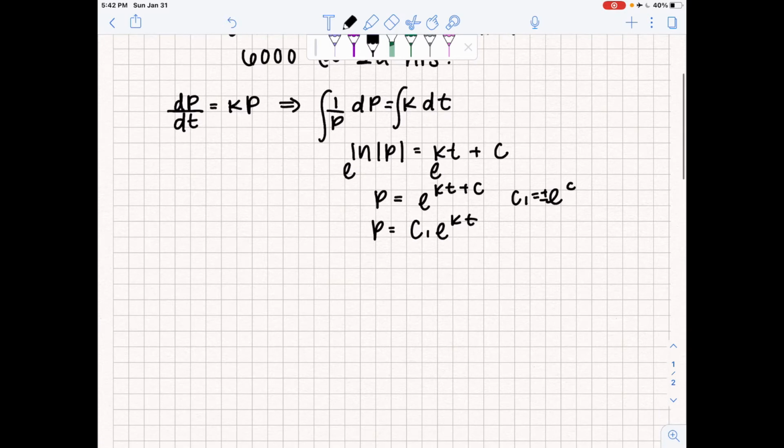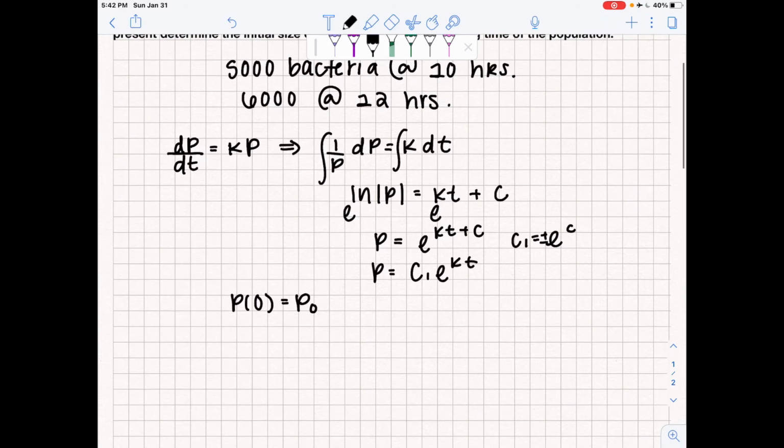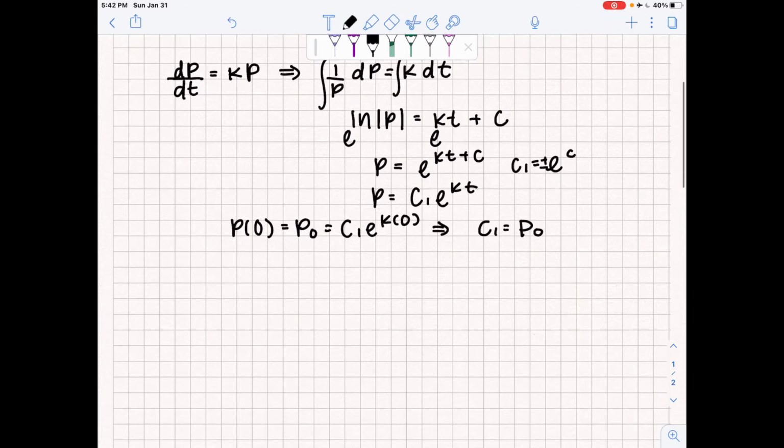And so from there, in order to solve for c1, we will take p of time 0 will equal p naught, which is the initial population at 0 time, to equal c1 e to the k times 0. e to the 0 is 1, so that leads to c1 just equal p naught. So our equation found is p of t equals p naught e to the kt. So that is what we will be using.